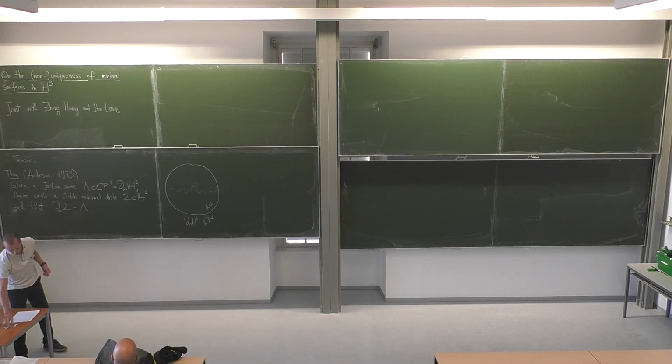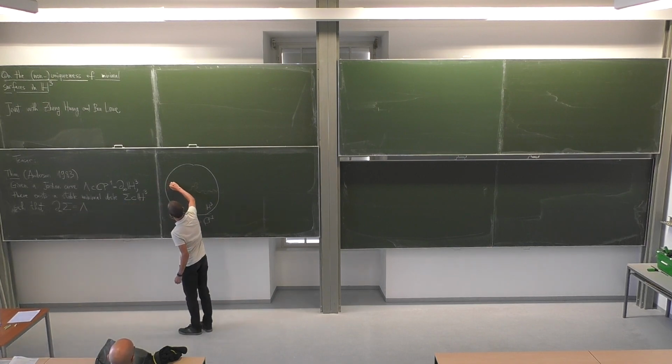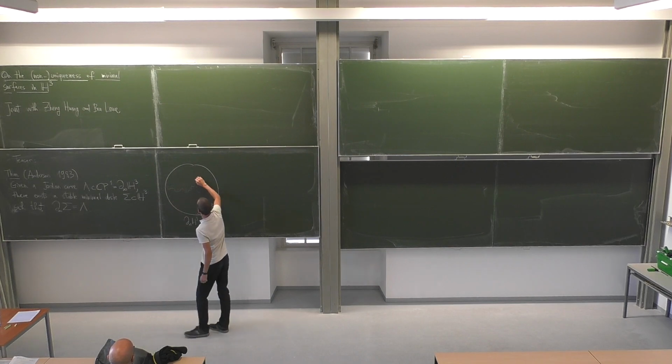So the picture is like that. There is a disk here, which is minimal. It's also stable. I will define these words. It fills the Jordan curve.